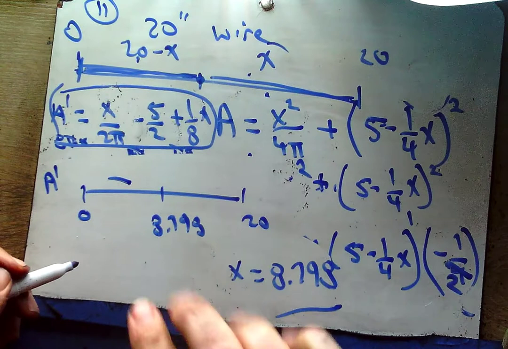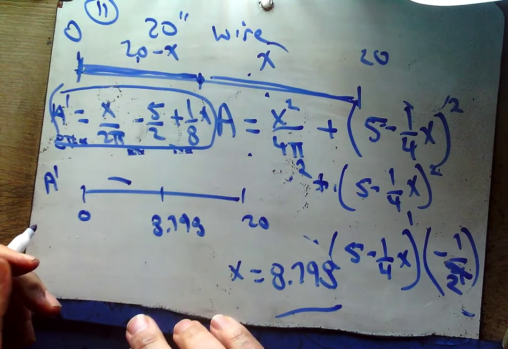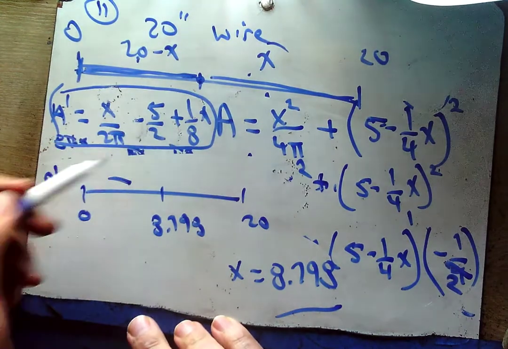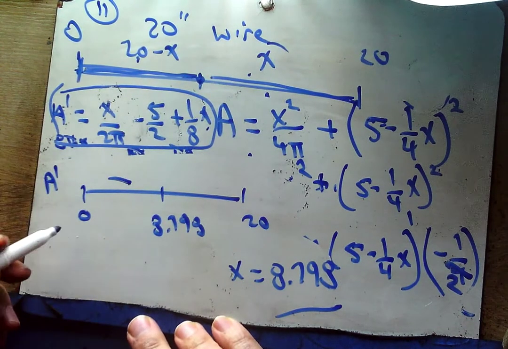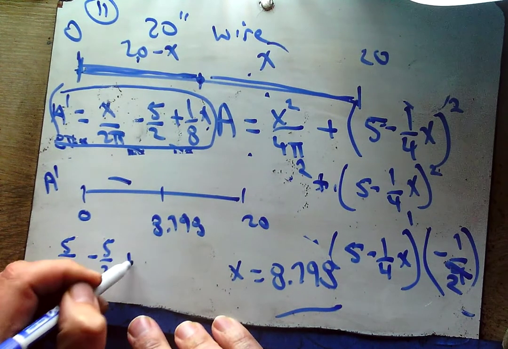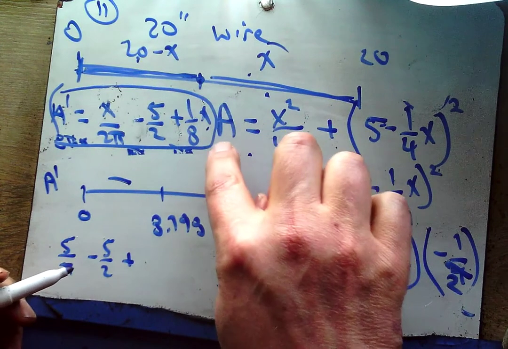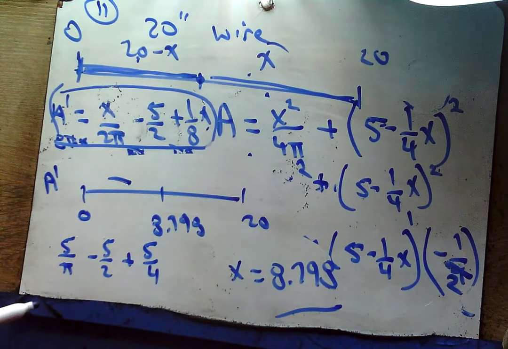Okay, and now what's something bigger than 8? 10. Is that going to help me? Not here. So if I plug a 10 in here and a 10 in here, I'm going to have 10 over 2 pi, which is 5 over pi, minus 5 halves, plus 10 over 8, which is 5 fourths.